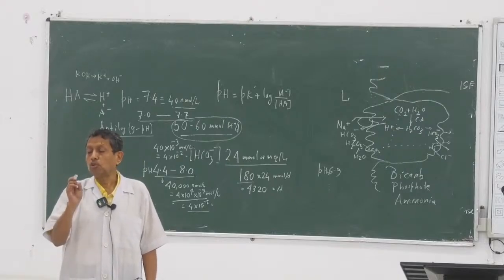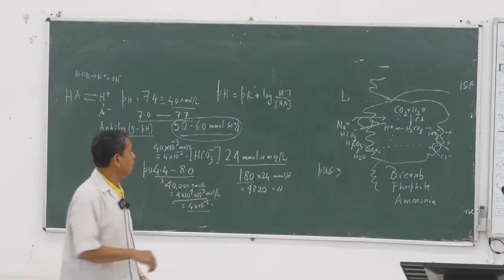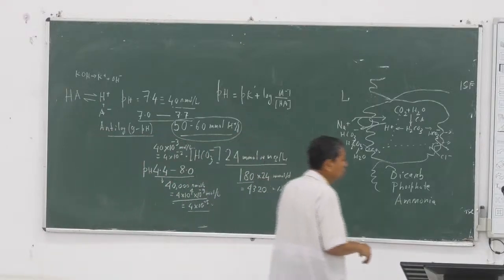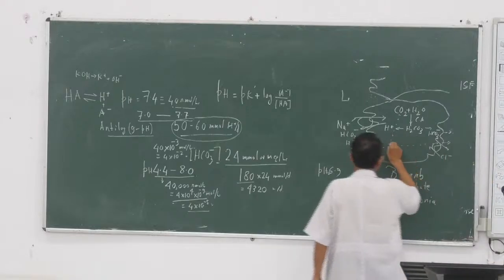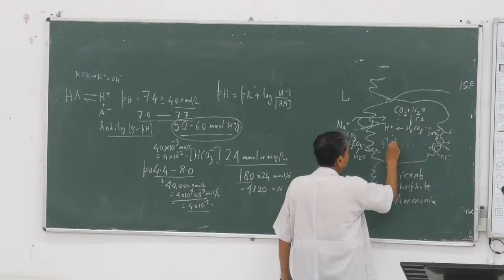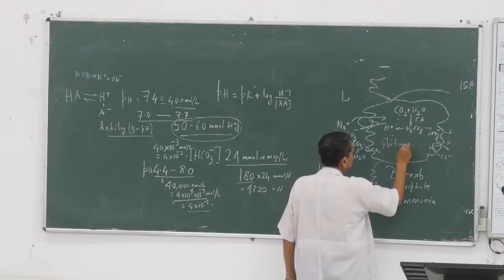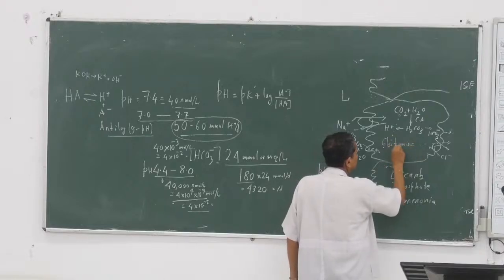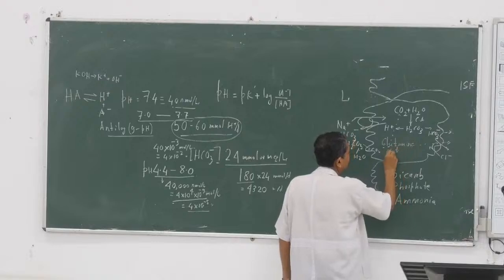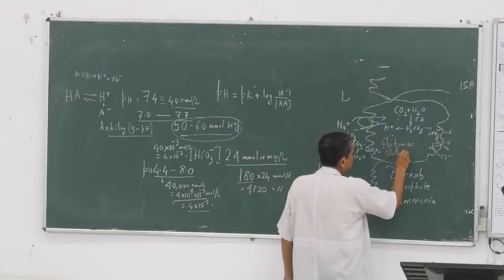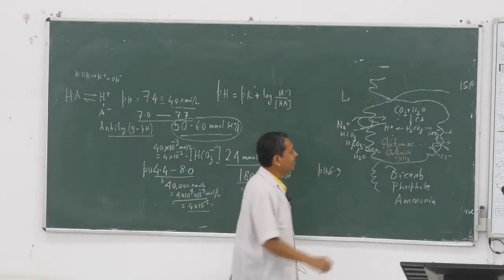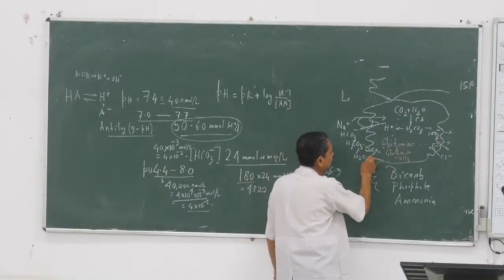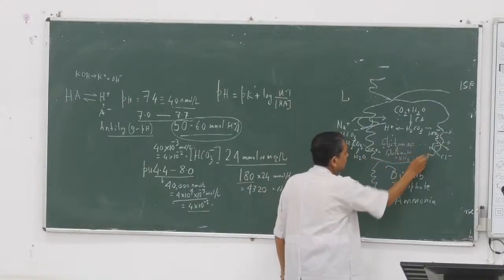So whenever it is produced within the cell, suppose ammonia is produced from glutamine, it has a tendency to enter in this way and also in this way.